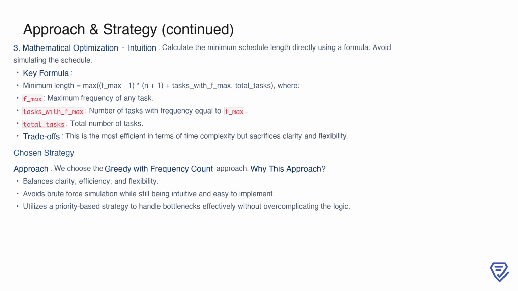For this problem, we ultimately select the greedy approach with frequency counts as our chosen strategy. This method strikes a balance between clarity, efficiency, and flexibility. It avoids the inefficiencies of brute force simulation while remaining intuitive and easy to implement. By focusing on prioritizing bottlenecks, this approach effectively addresses the problem's constraints without overcomplicating the logic.